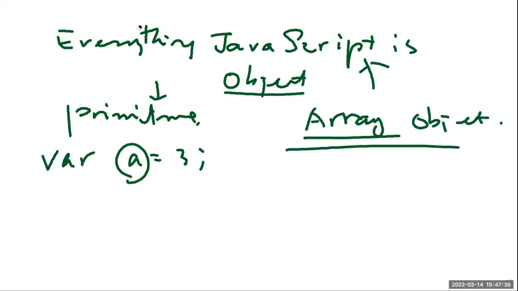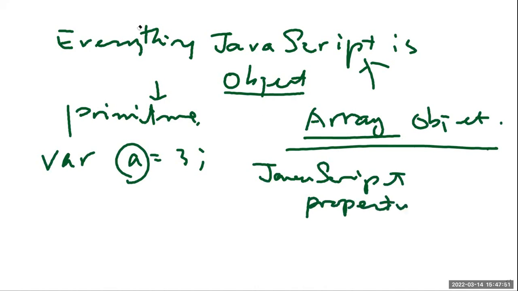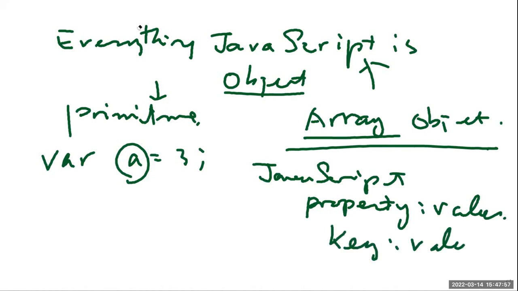An object type in JavaScript will have a property and a value. Sometimes this is called a key and value pair. And for a JavaScript array, the key will be the index, and the value is the element's value. So this is a brief concept for it.